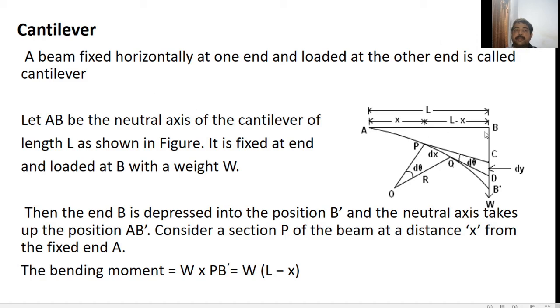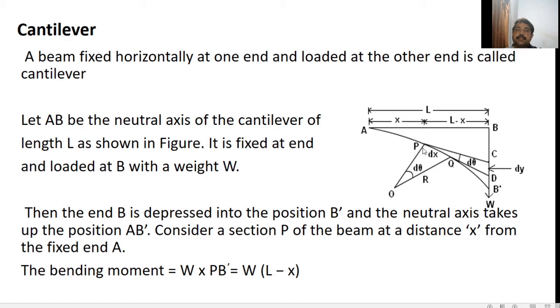Let AB represent the neutral axis of a cylinder of length L fixed at the end A and loaded at B with a weight omega, such that the end B is depressed into a position B dash, and the neutral axis takes the position A B dash.